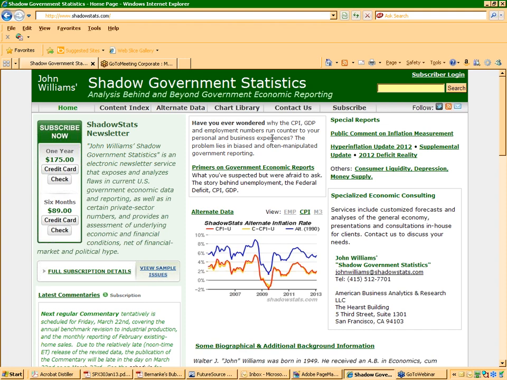And just to kind of highlight, while the government is saying inflation is 2%, he's saying, well, if you roll back to how the government used to calculate inflation before the goal became minimizing its effects to minimize the cost of living increase to the government, inflation is running at 6%, not 2%. So I just wanted to get that issue out of the way.